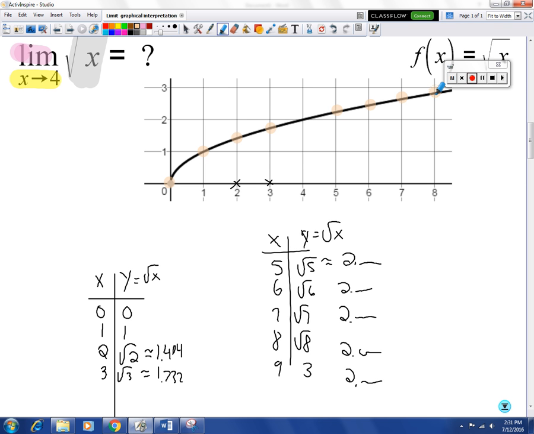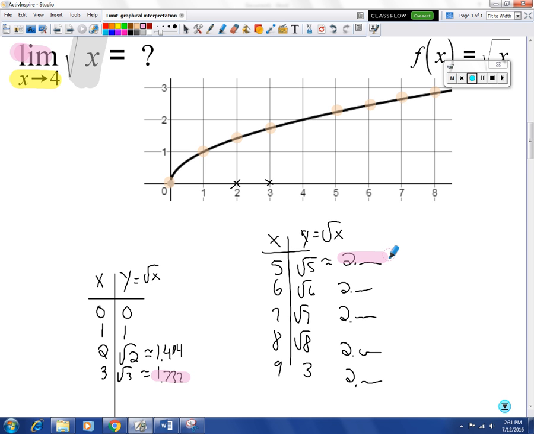So what's our limit? Okay, what's happening when I'm getting close to 4? Okay, my closest answers to 4 are about here, and just right about here. Maybe it's about 2.2. So what would our guess be? What's the trend?